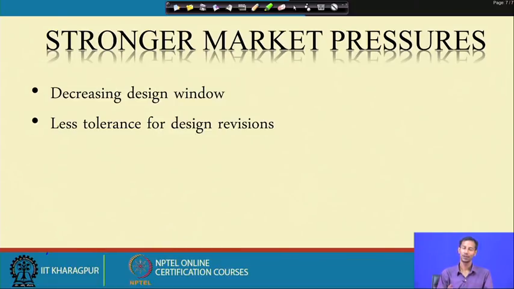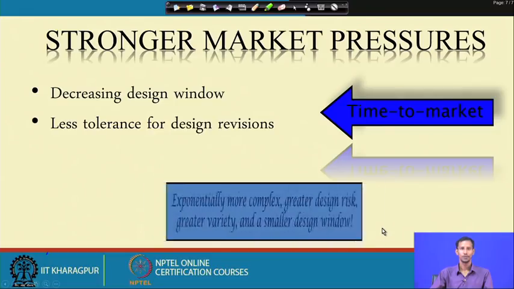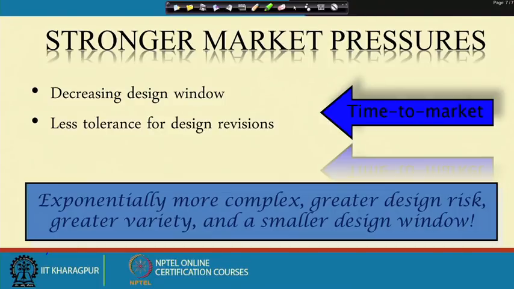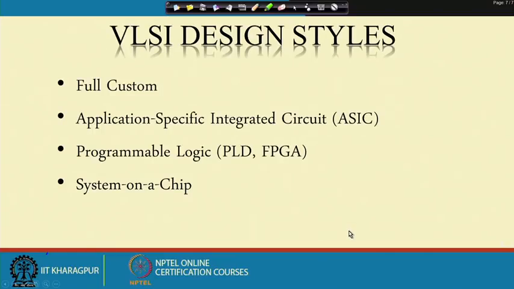So we can cope with both of these. Exponentially, stronger market pressure increases complexity, greater design risk, greater variety and a smaller design window, as I have already discussed.